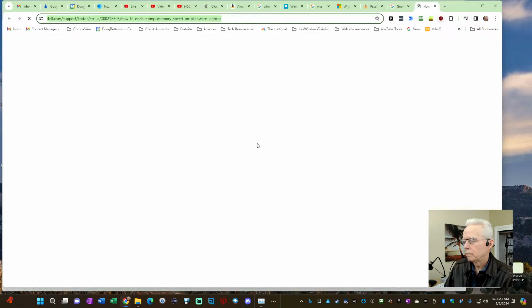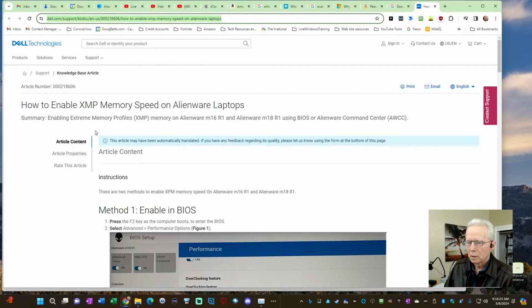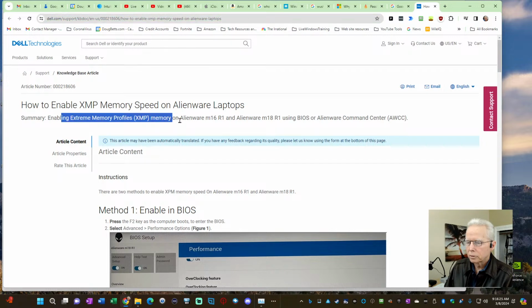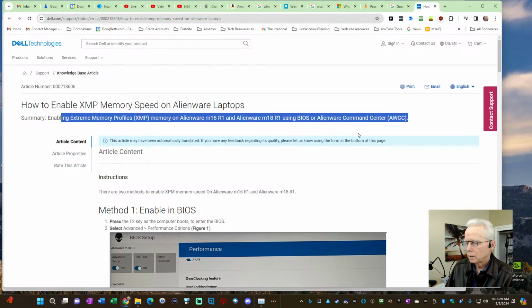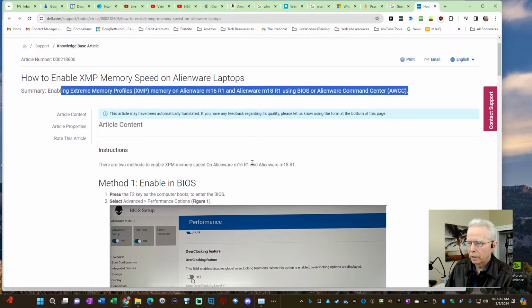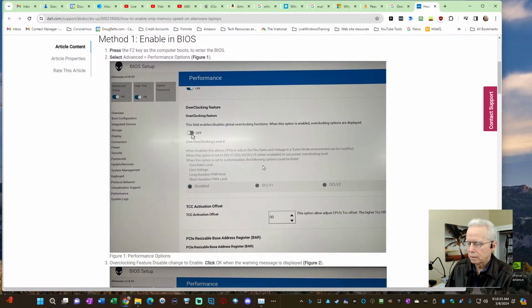Oh, here's enabling extreme memory profiles on XMP Alienware using BIOS. So on their Alienware computers, which are gaming, they have the ability. Now this is called overclocking. They're not calling it XMP.